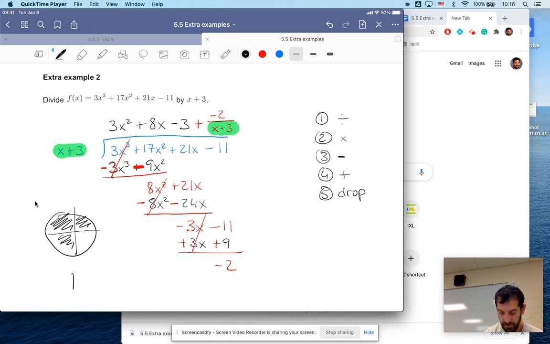And then this one still needs to be divided. So it's going to be 1 and 1/3. So what we're doing here is this is the remainder, and this is what we're dividing by. So it's the same idea. What you can divide easily, you divide, and then what you couldn't divide, you leave it still to be divided. That's what that means, okay?